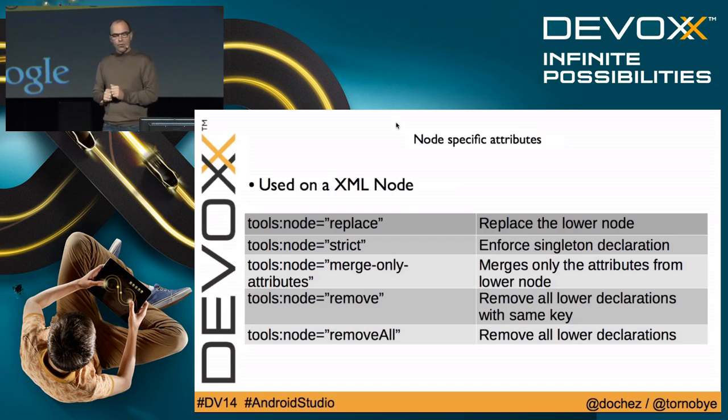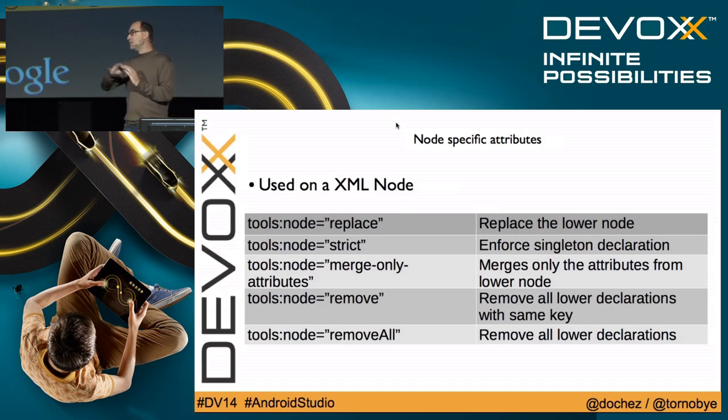You can be strict, where you could say, I am the node of this particular type and this particular identity. Nobody else below me should declare it. And if there is one, I want to know. So again, that's this idea of being very strict about not having any surprising merging happening. You could say, I just want to merge the attribute, forget the children, no XML children being merged.